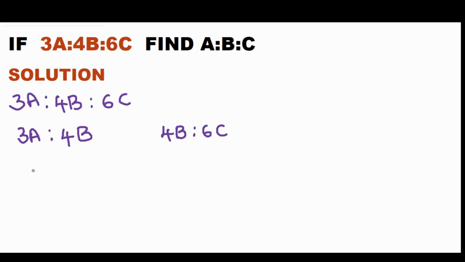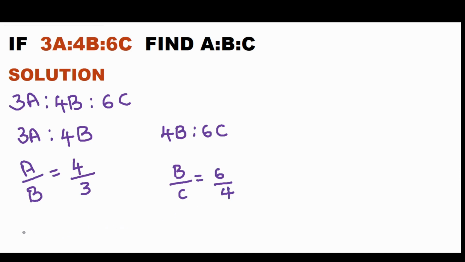Now let's write in the form A by B. So A by B becomes 4 by 3. A by B is equal to 4 by 3. Here also same thing. B by C will be equal to 6 by 4.